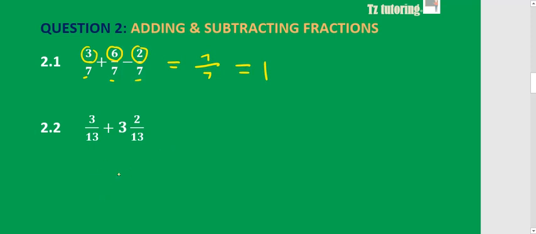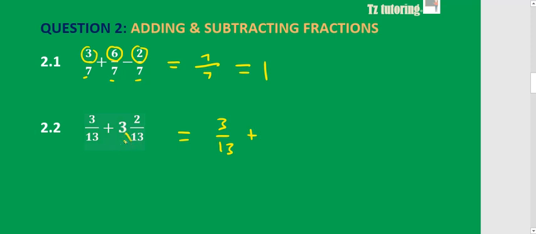Okay, let's move on to 2.2. Whenever we have a mixed fraction, we want to change that fraction and make it improper. So we've got 3 over 13. And let's convert that mixed fraction. 13 times 3 is 39.